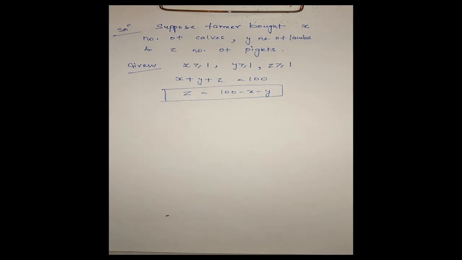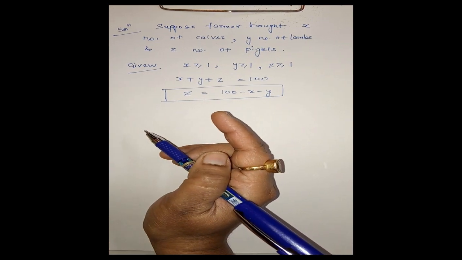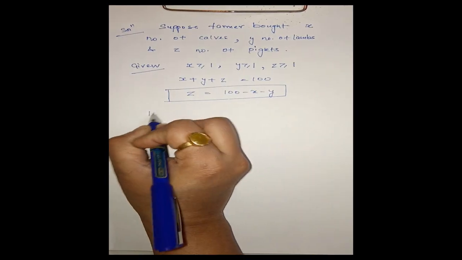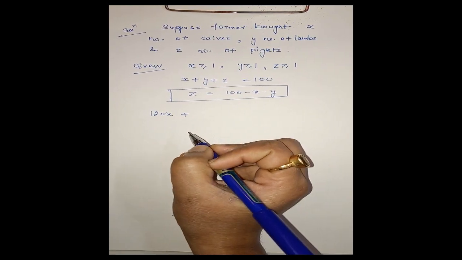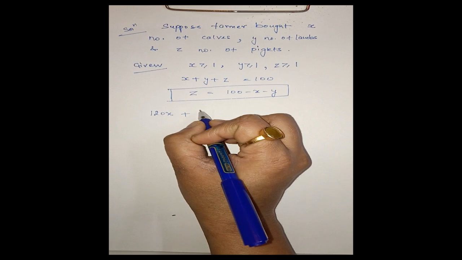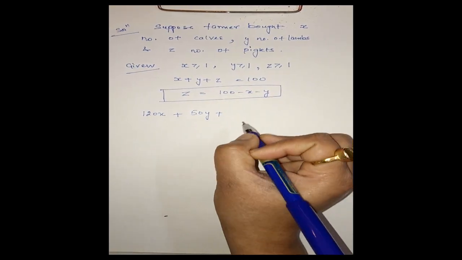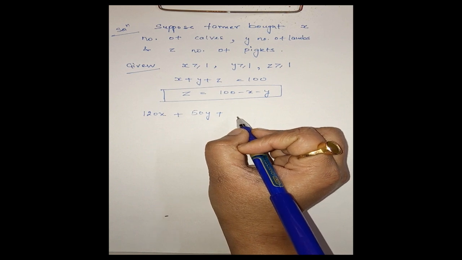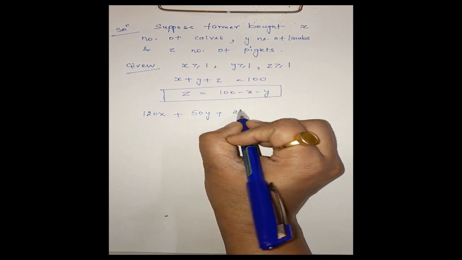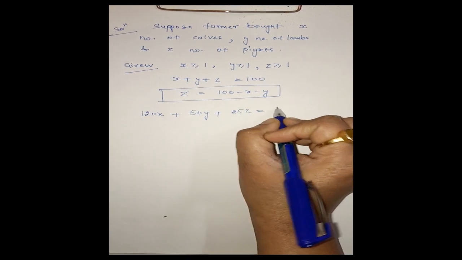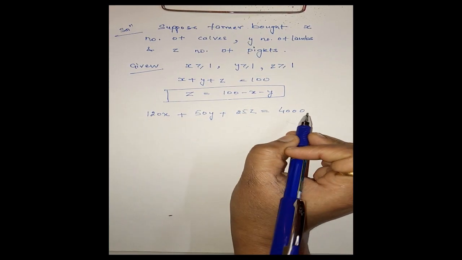Now the price of one cow is 120, so X cows will cost 120X. In the same way, the price of one lamb is $50, so Y lambs will be 50Y. And the price of one piglet is $25, so Z piglets will be 25Z, and these total will be equal to 4,000. Clear? This is our condition given to us.